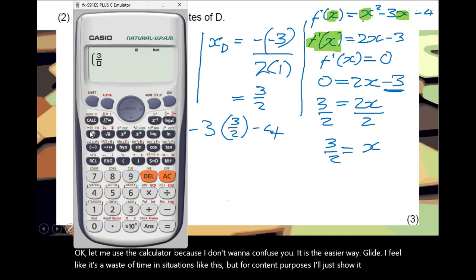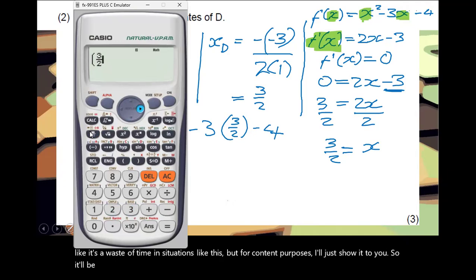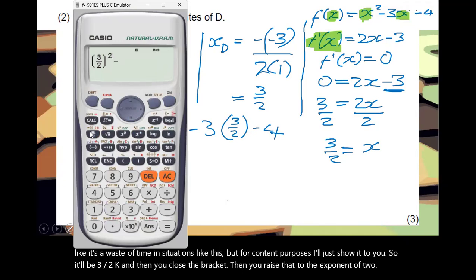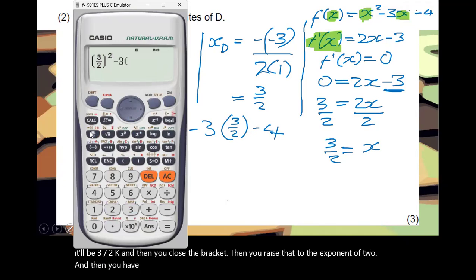So it'll be 3 over 2, and then you close the bracket, then you raise that to the exponent of 2, and then you have minus 3, open bracket, you have 3, divide that by 2, and then you close the bracket, and then you minus 4.